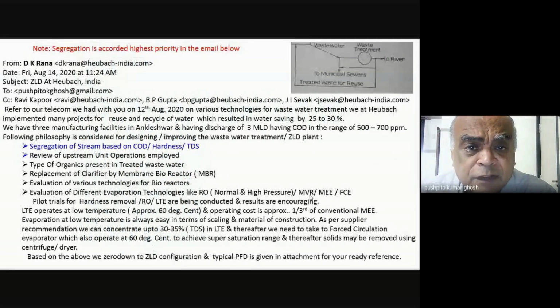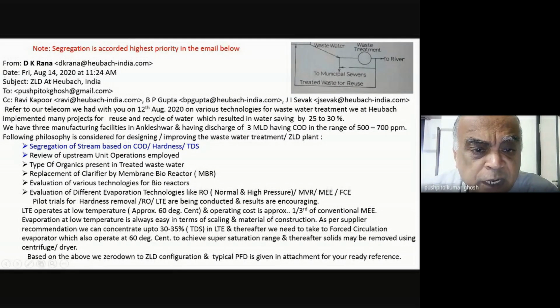Now, just so that you know I'm not talking about segregation theoretically: last year, this is a company which is very well known the world over for their dye synthesis. They make all kinds of colors and other stuff also. In fact, Mr. Ravi Kapoor, chairman of the company, talked to me and wanted to share how exactly they are going about trying to make their plant a zero effluent plant.